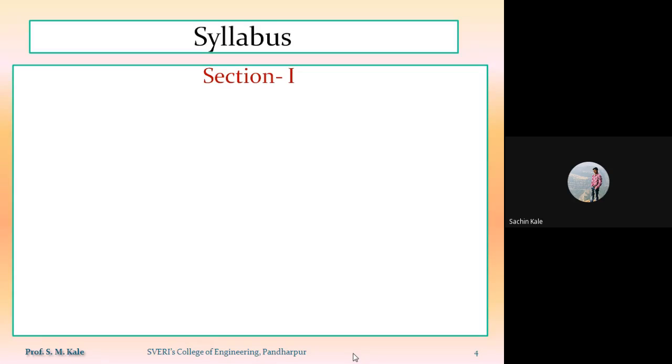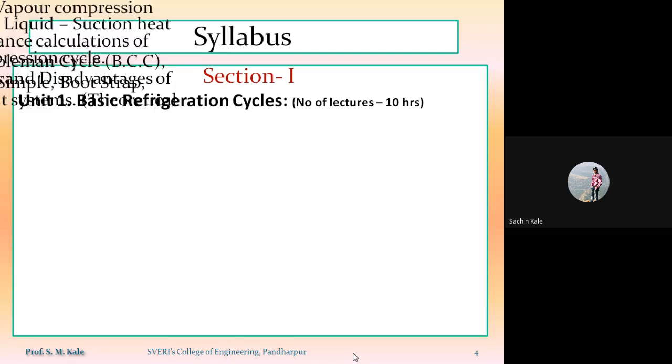In the second section, the first 3 chapters, that means chapters 5, 6, 7, will be related to air conditioning. The last chapter will be related to an advanced technology of refrigeration called cryogenics, that is, introduction to cryogenics. In section 1 there are 4 chapters.